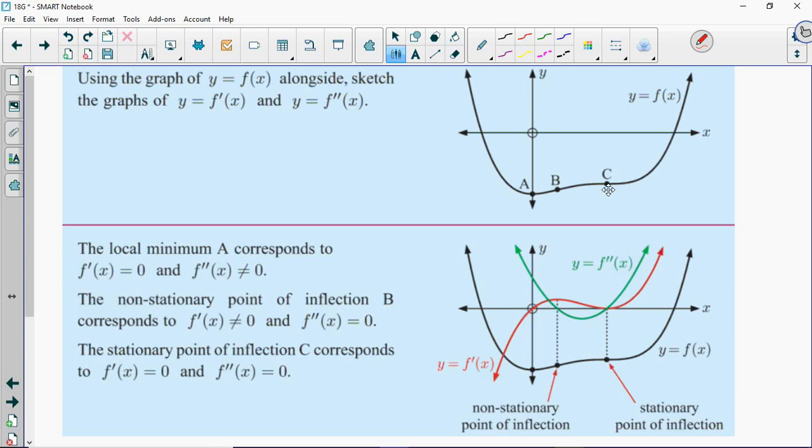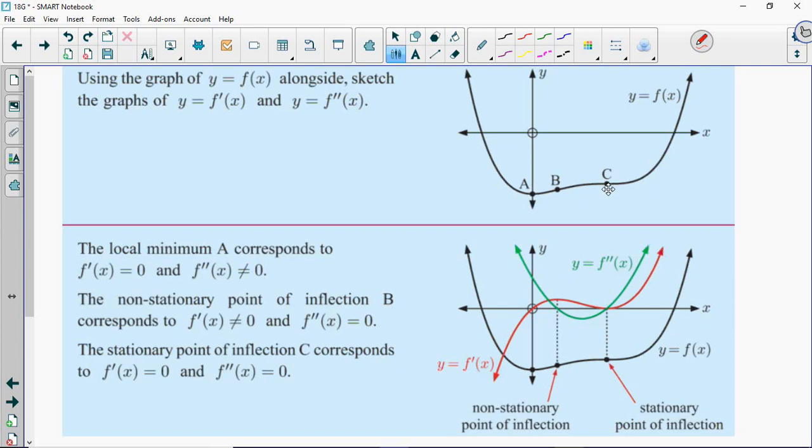We kind of knew we had to have that at point C because we had to have y values on f prime that were above the x-axis and then touched it and then were above it again. But we're also going to have that at point B. Another way to think of that is at point B, this is kind of the steepest of all of the positive slopes.